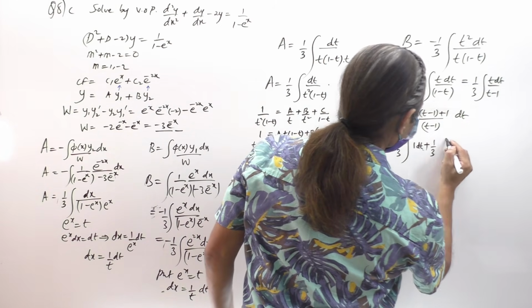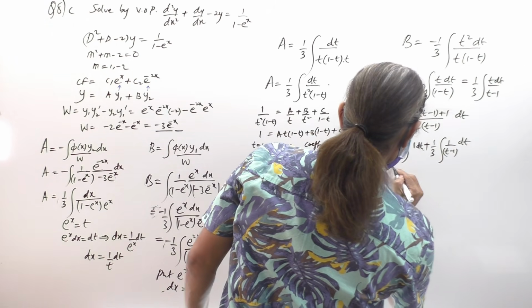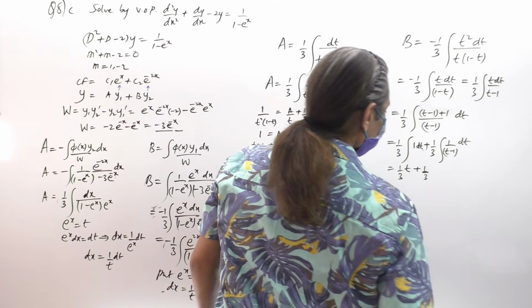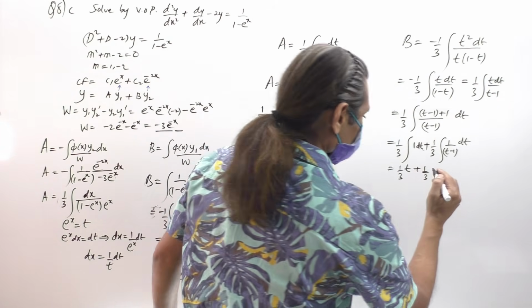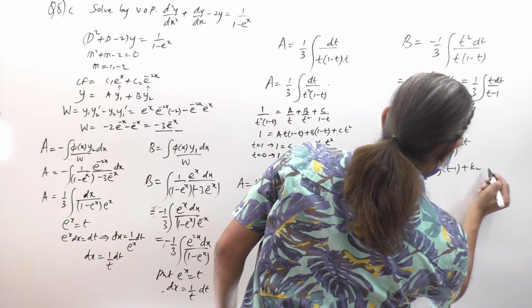plus 1 by 3 integration of 1 by t minus 1 dt, and that will be 1 by 3 t plus 1 by 3. So the integration of 1 by t minus 1 is log of t minus 1 plus k2.